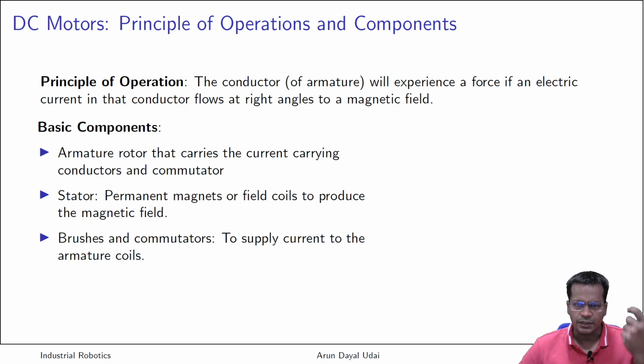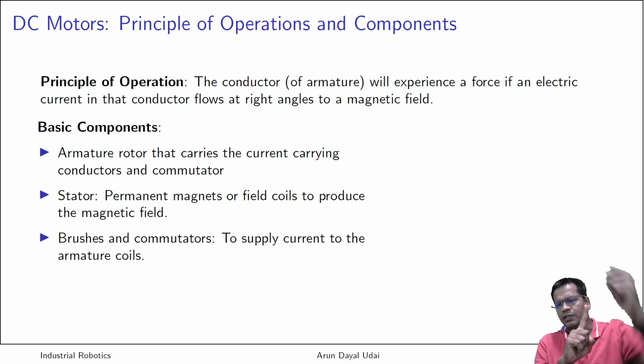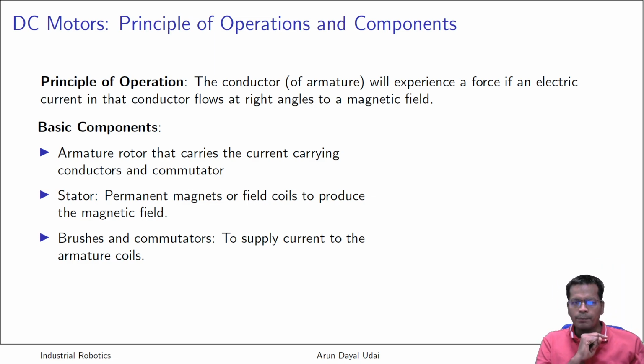What it does basically is, your conductor carries current and you have a field. It creates thrust in that particular conductor because of this field. If the current is reversed, you will see force in the opposite direction. So that current reversal can be done using commutators. Why is it required? You will get to know very soon.